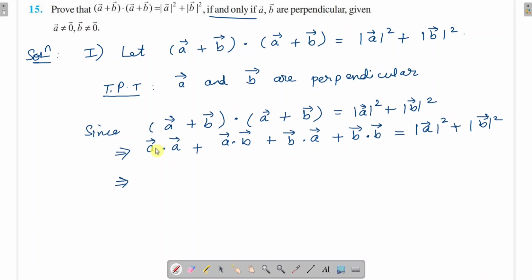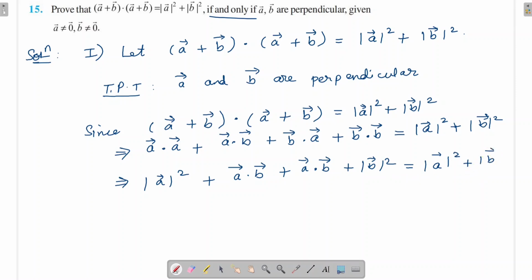Now we have studied that a bar dot a bar is magnitude of a bar square, plus a bar dot b bar, plus, since dot product is commutative, b bar dot a bar will be a bar dot b bar, plus b bar dot b bar, which is magnitude of b bar square. Okay, so that is equal to magnitude of a bar square plus magnitude of b bar square.